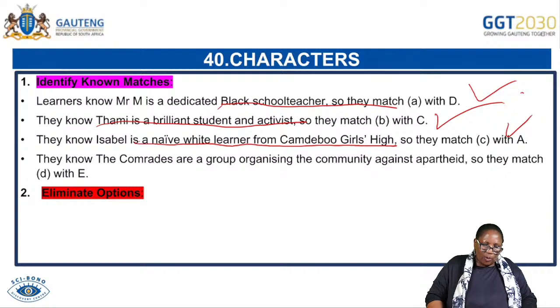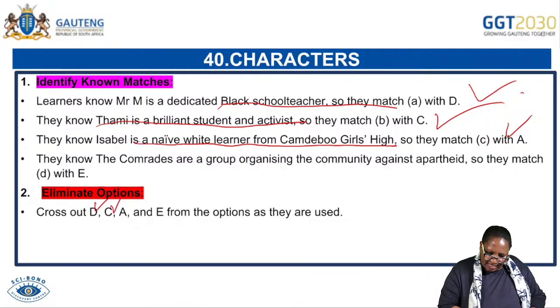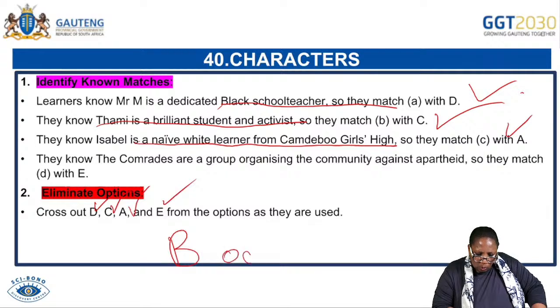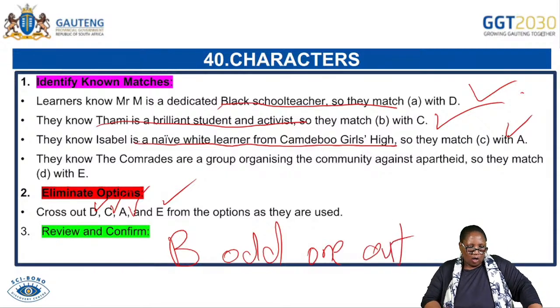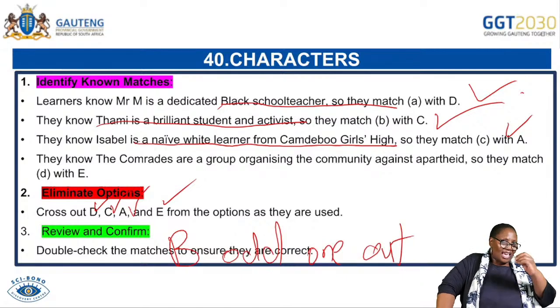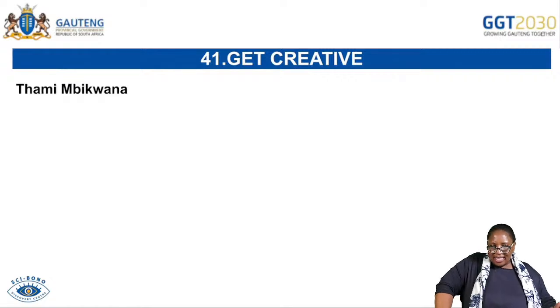So at the end, we eliminate, we have our D, C, A, E. B is the odd one out, so it doesn't match with any of that. We double check and then we get our answer. So we have 4 out of 4 in the bag.